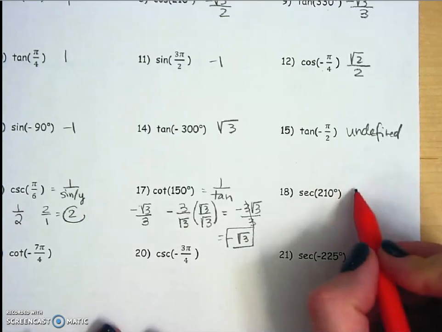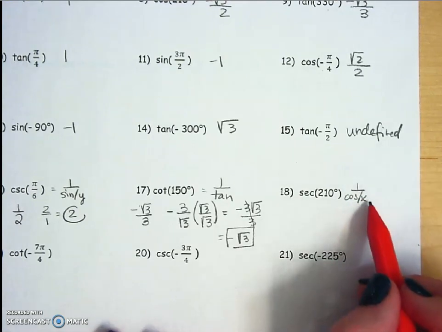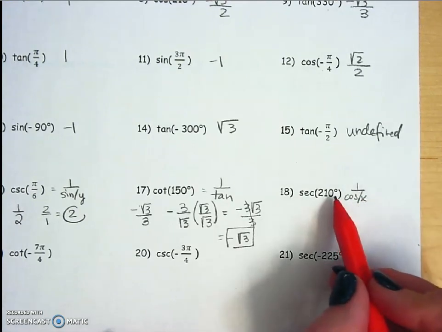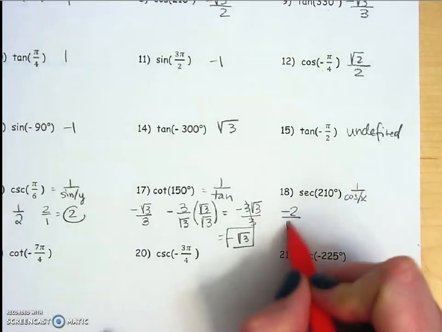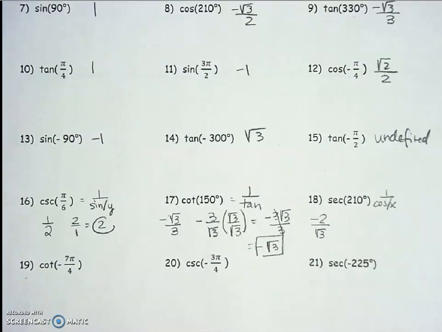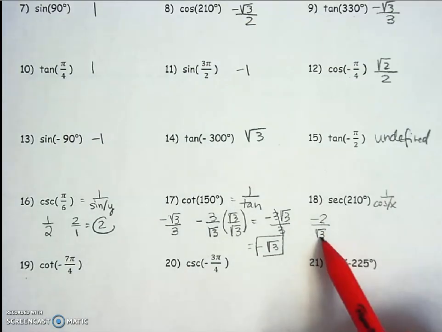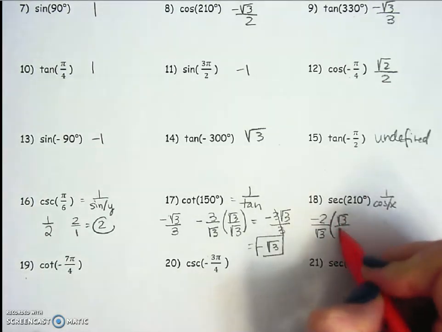On 18, secant is 1 over cosine, or 1 over whatever the x value is at 210 degrees. So you're going to take the reciprocal, which is -2 over rad 3. All right, so that is the reciprocal of cosine at 210. Now we rationalize the denominator.